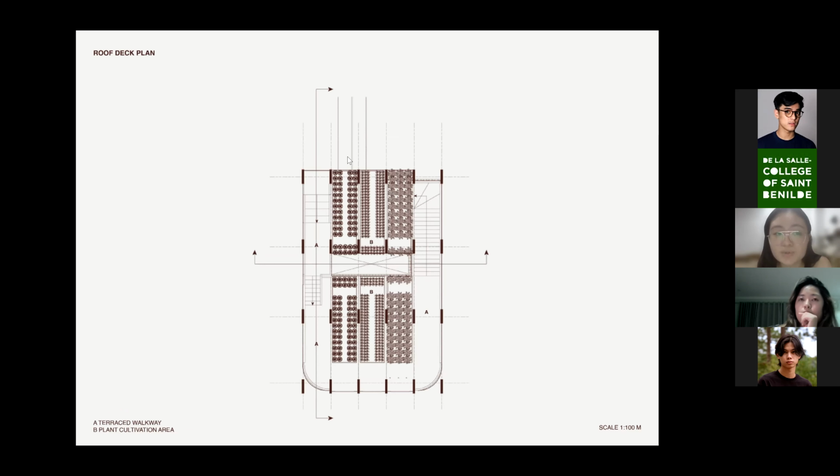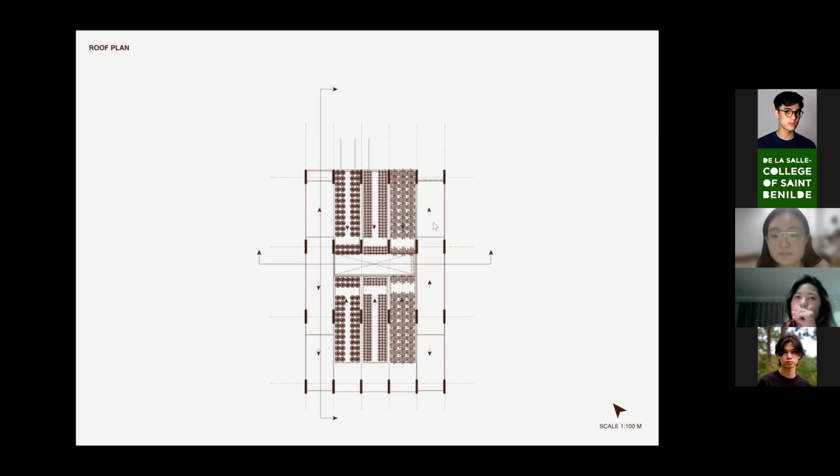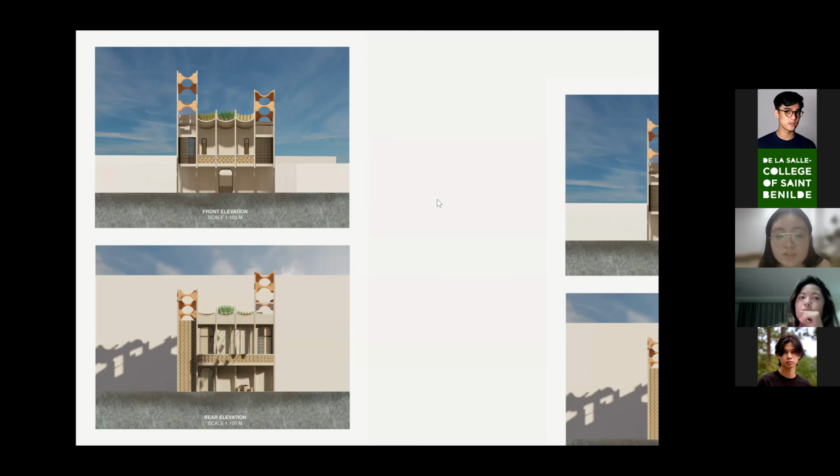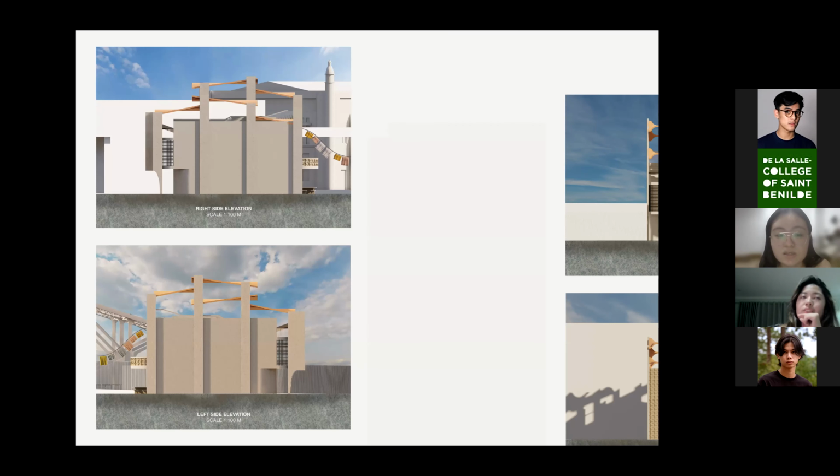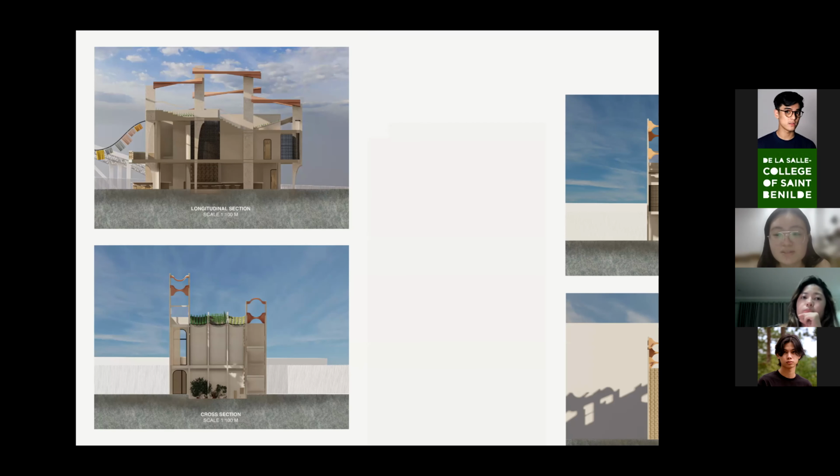And this is our roof deck plan, where we have terraced hallways and the mentioned planting systems, and of course the airwell at the bottom. So these are just our elevations. Sections.